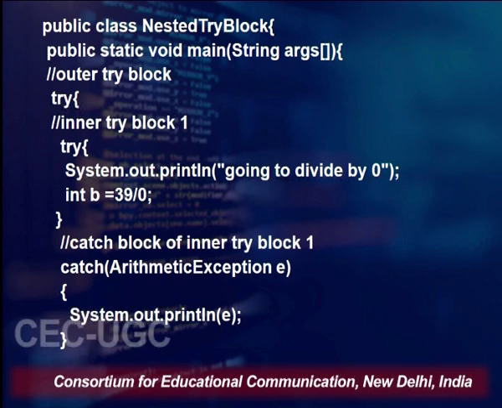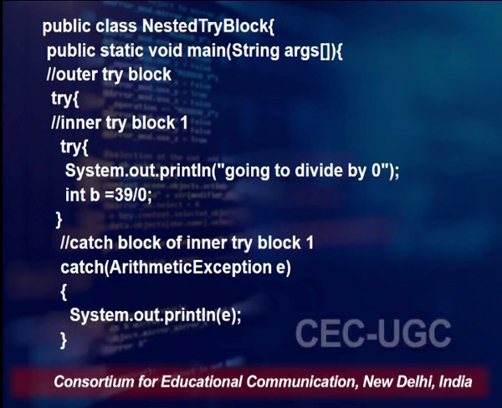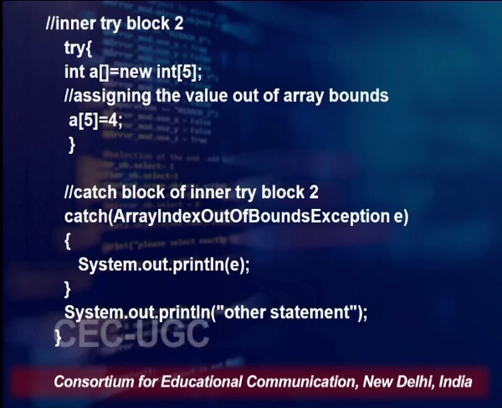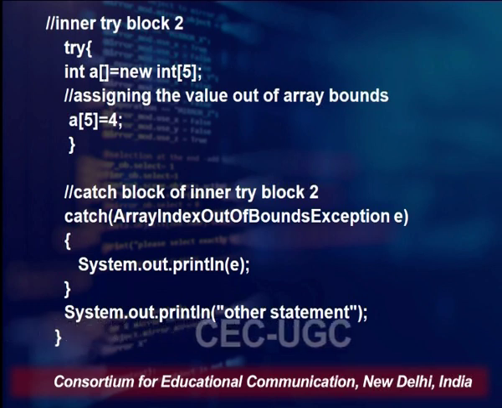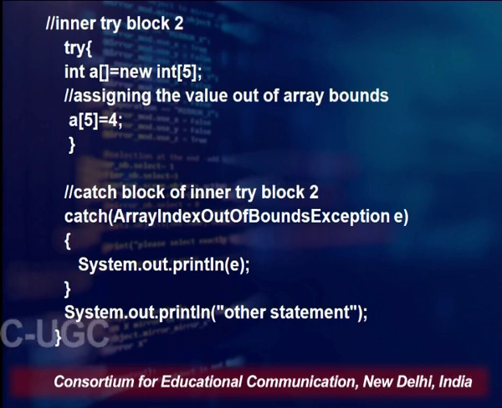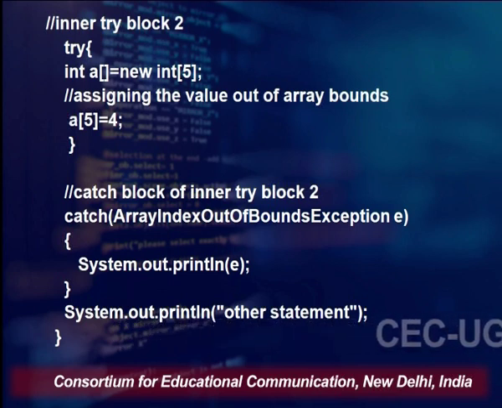After completion of inner try block 1 and the respective catch, the control will go to the next inner try block 2, which is again going to throw an exception, the array index out of bounds exception. The corresponding catch is also available there to handle it, and these two exceptions are handled by the corresponding catches.